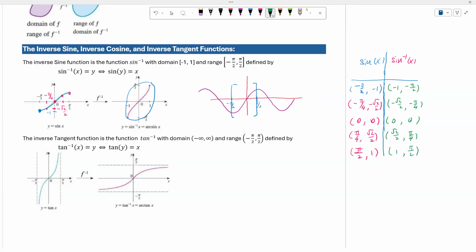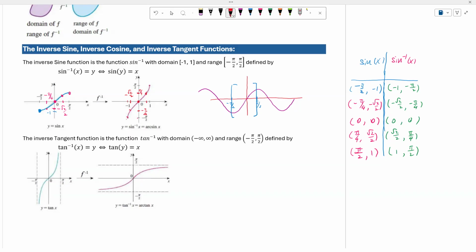So now you will see that again we will have negative 1, negative pi over 2, and negative √2 over 2, and then negative pi over 4, and then 0, 0, and then √2 over 2, and this is pi over 4.